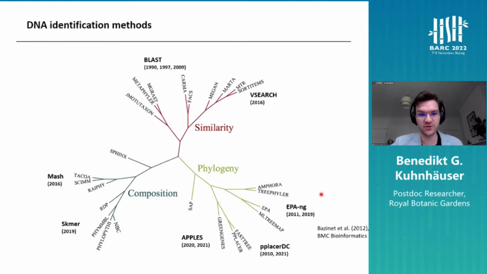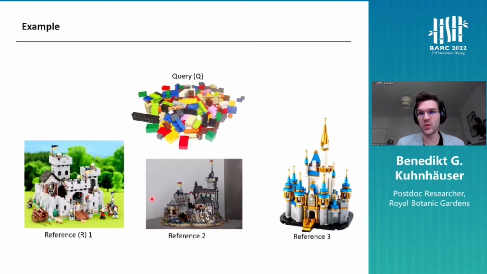So there are 3 different method classes, as I mentioned before: similarity, phylogeny, and composition methods. I will explain them with a little Lego example, using little bricks that I played with as a child. I hope you forgive me for this, but I think it will make it easier for everybody to understand what's going on, rather than if I showed you very technical and complicated method summaries.